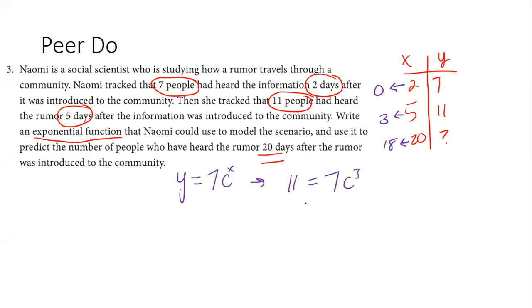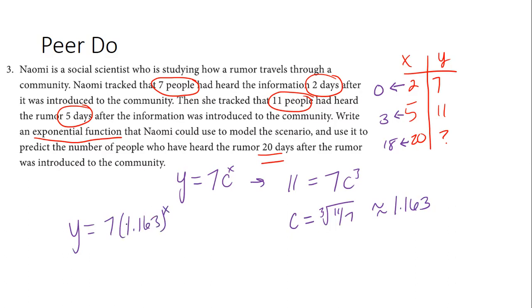So our c equals the cube root of 11 divided by 7. What do we get? There we go, 1.163. So our equation is y equals 7 times 1.163 to the x. So we found our model.